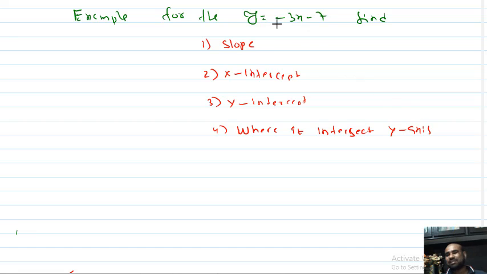Don't call intercept and intersect different now. Fifth one, where it intersects the x-axis.